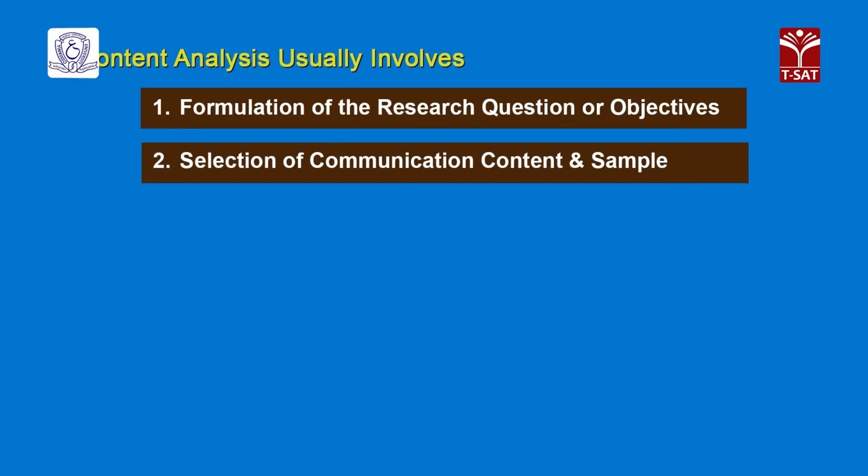The second one is selection of communication content and sample. The next step would be to locate relevant communication content to answer the research question and to determine the time period to be covered. If the body of content is excessive, then a sample needs to be worked out.